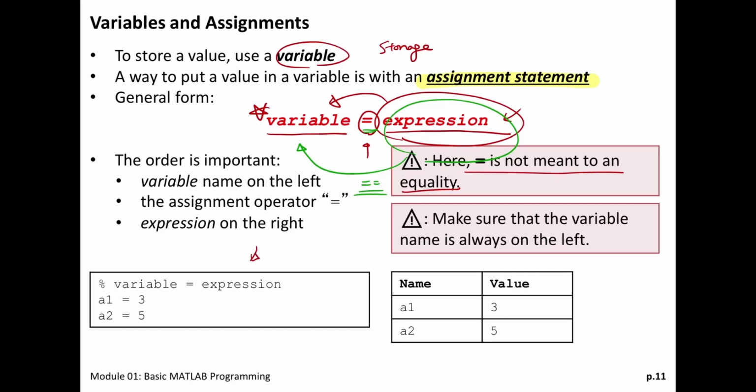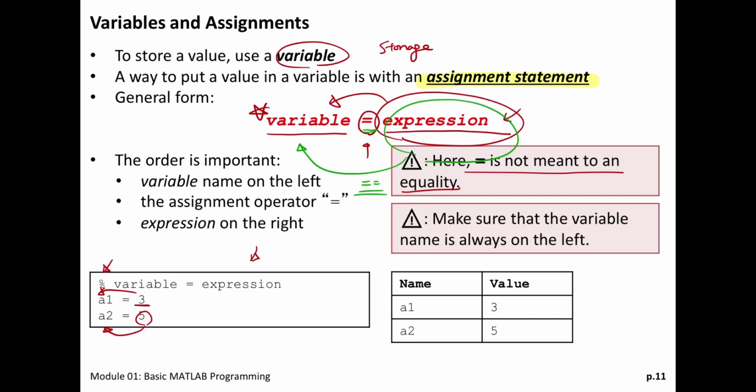This is an example of a simple MATLAB script. What it means is the value 3 is assigned to the variable named A1, and 5 is assigned to A2. Here this percentage sign is to put a comment in your script, which means that this is not a programming statement to be executed.